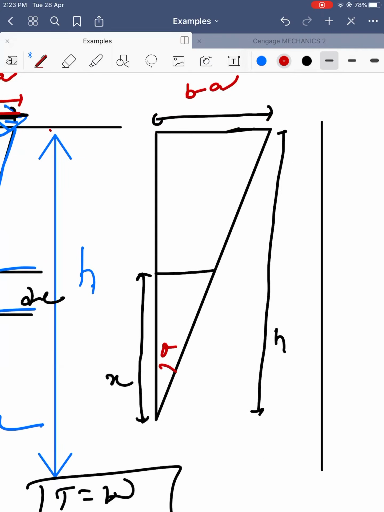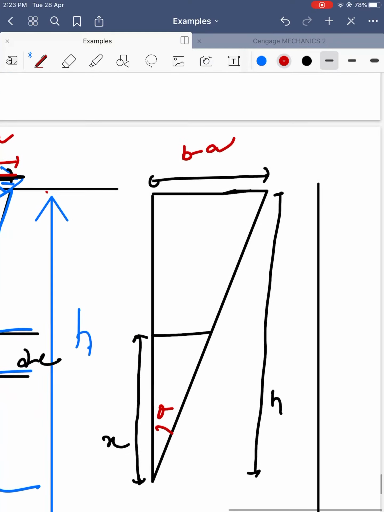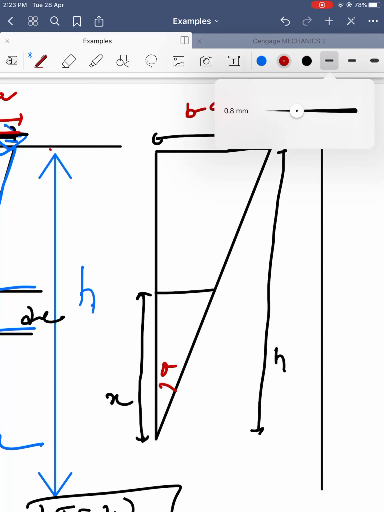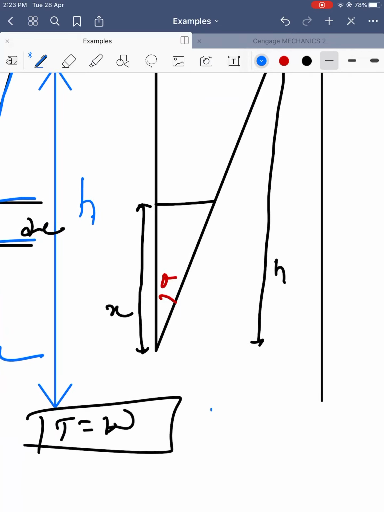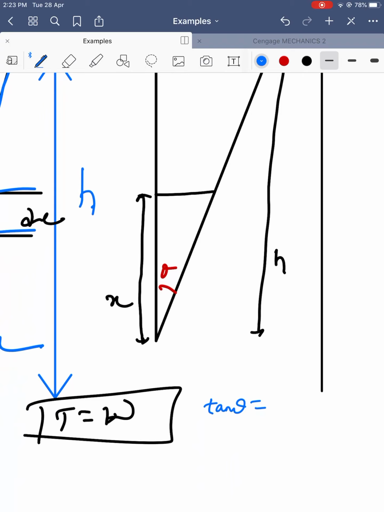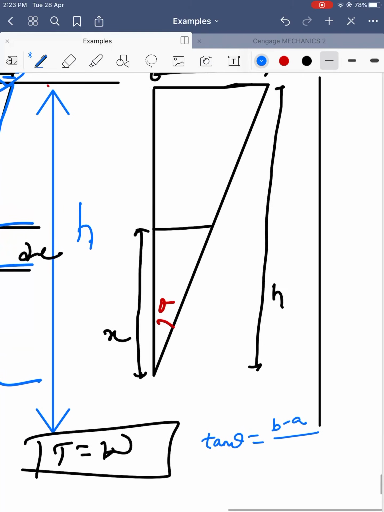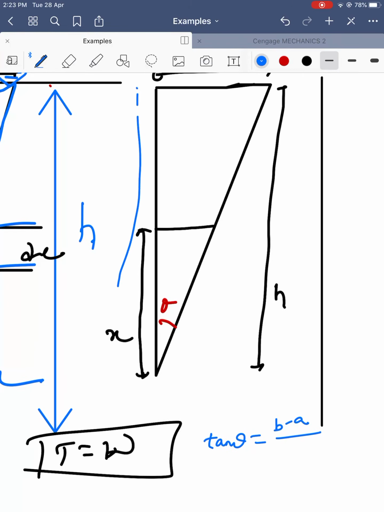So tan theta in both cases, similar triangles, is the same: B minus A by how much is the height?